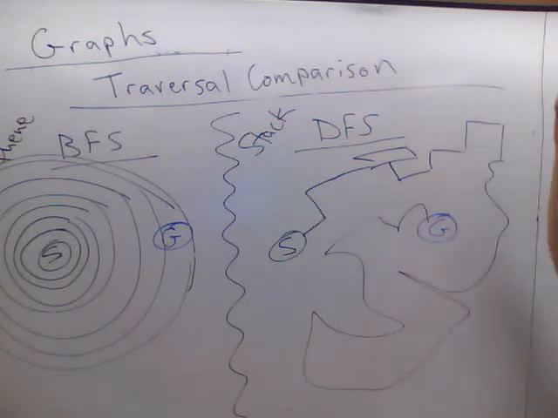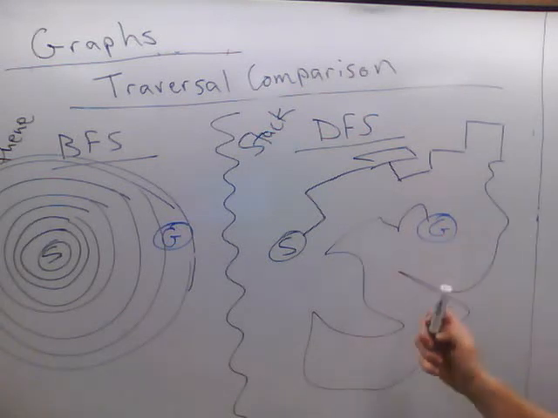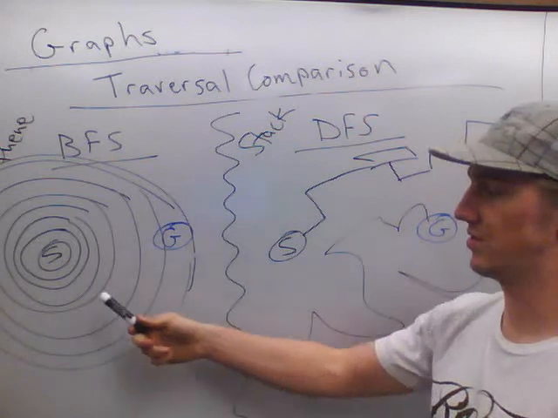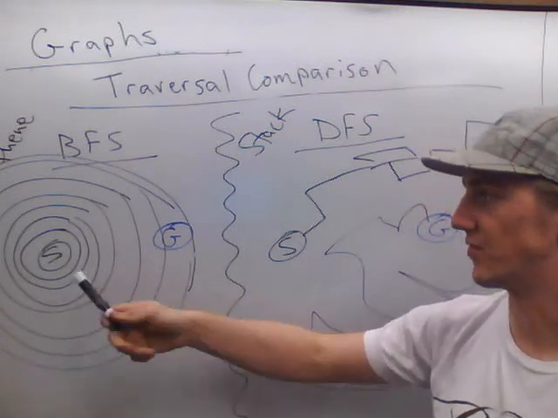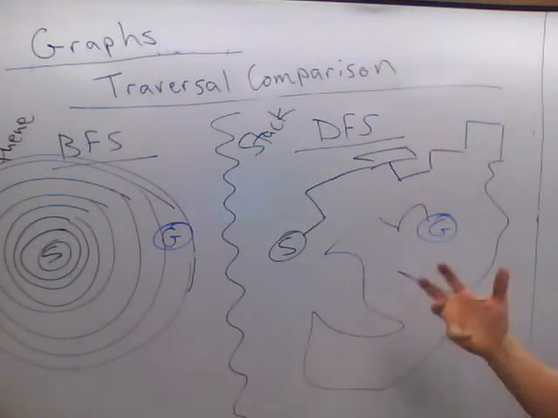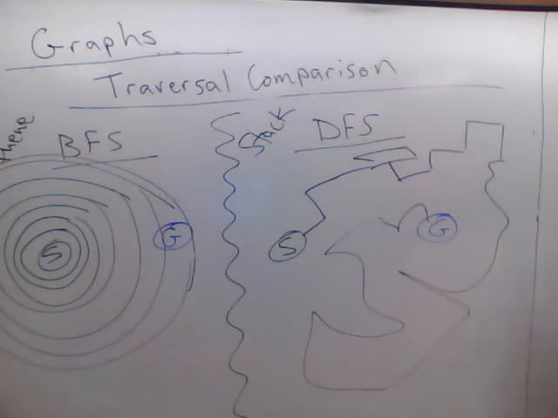And given an infinite graph, it may never come back, or it may head off in the wrong direction. But in general, if something is close, you want to use breadth first search. If it's further away but still a finite graph, you may get lucky with depth first search.